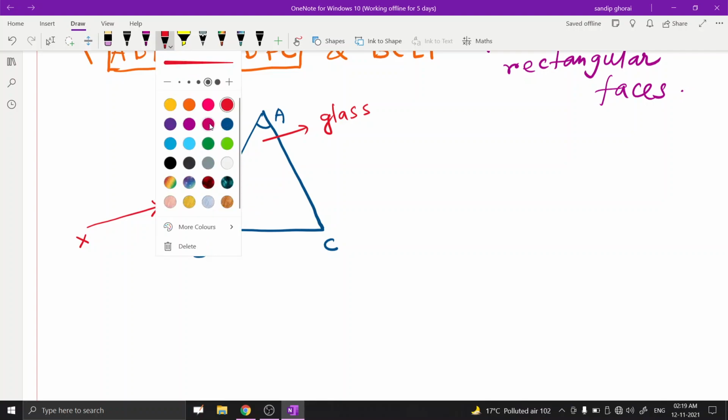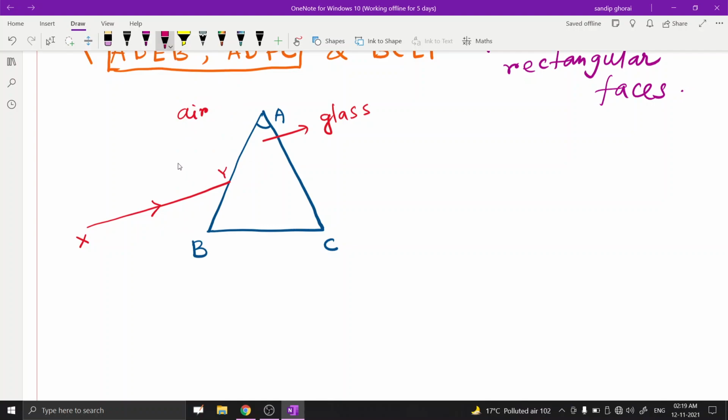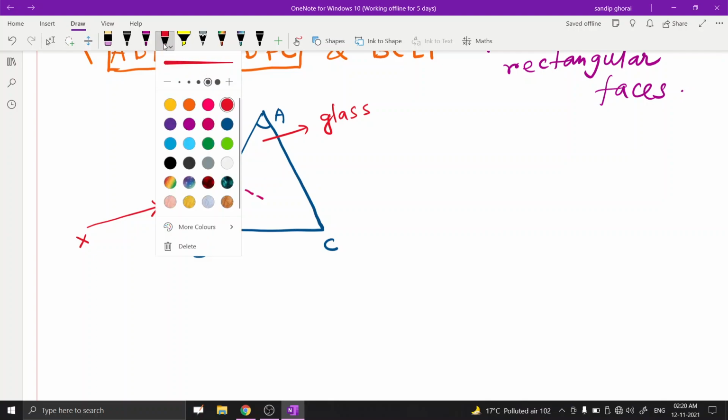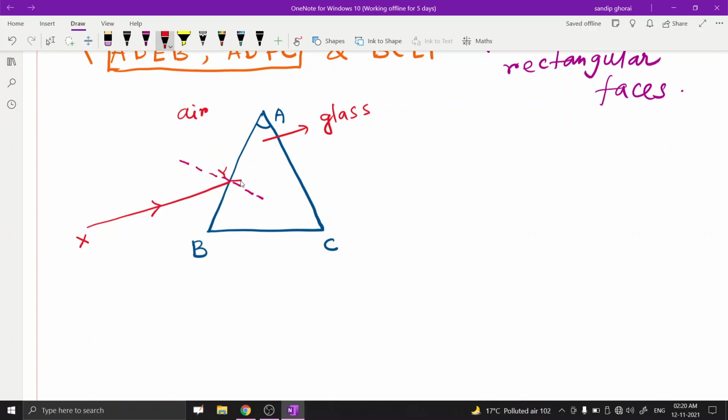If we draw a perpendicular, that is the normal, on surface AB, then this ray bends towards the normal. That means light bends in this direction, that is YZ.